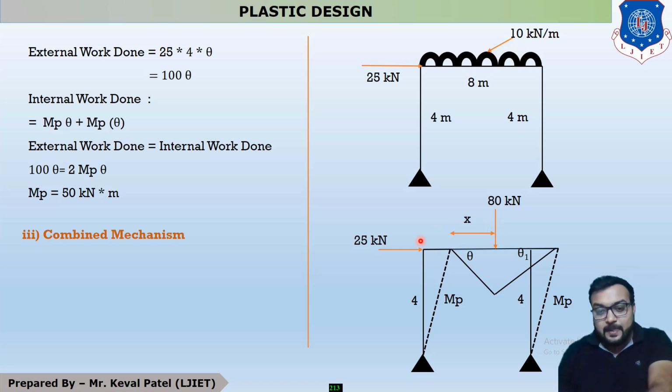So this is your horizontal force having the value of 25 kilonewton, and this is your value of point load which is converted from the UDL, and this distance is x, so this is 8 minus x.